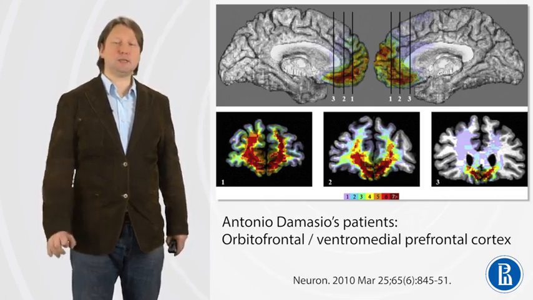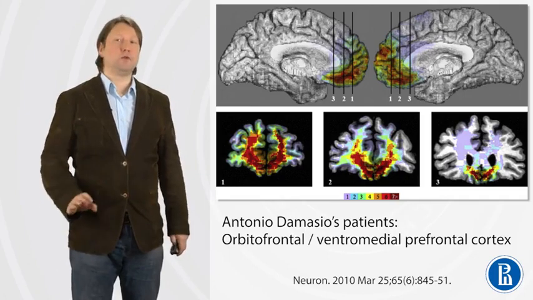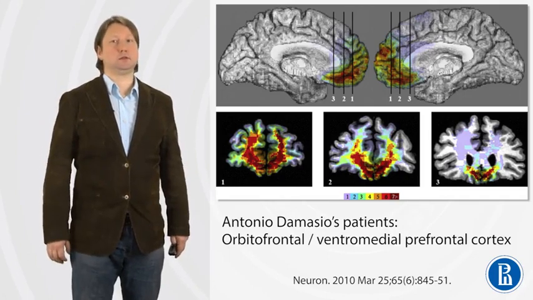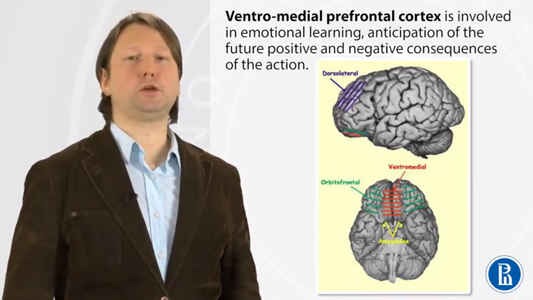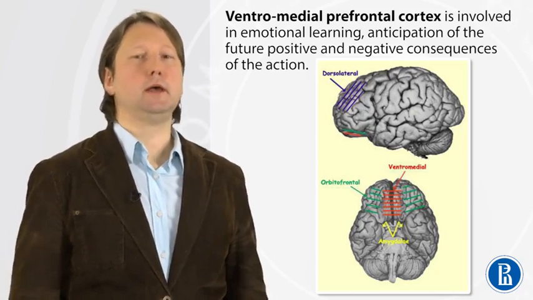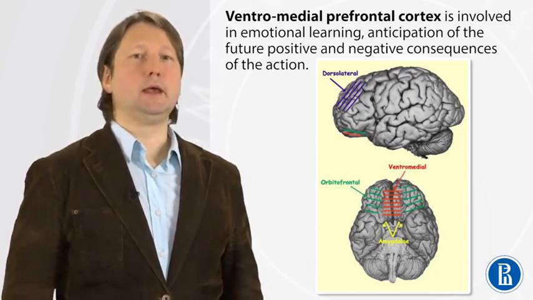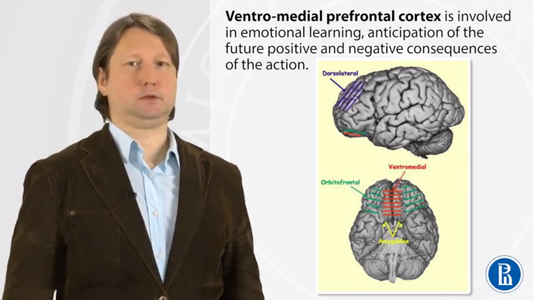As we will see during the course, damage to this region leads to very important changes in the decision-making process. We now know that this portion of the orbitofrontal cortex is really critical for emotional learning, for optimal decision-making, for evaluation of options, for the comparison of options.